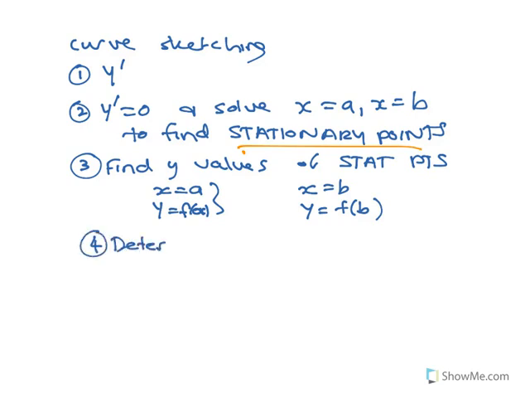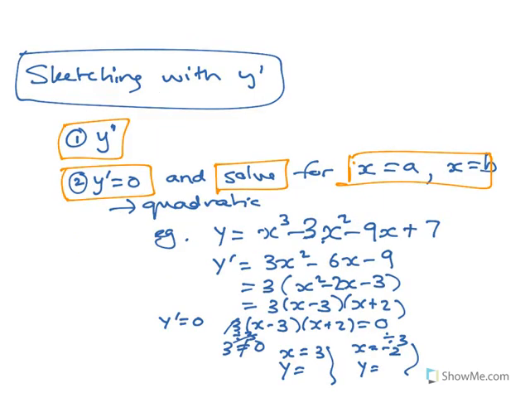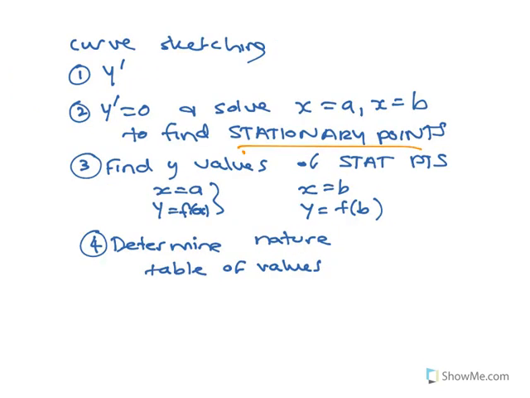Then when you are determining the nature of your stationary points, you need to have a table of values. For the last one, we had x equals 3 and minus 1.